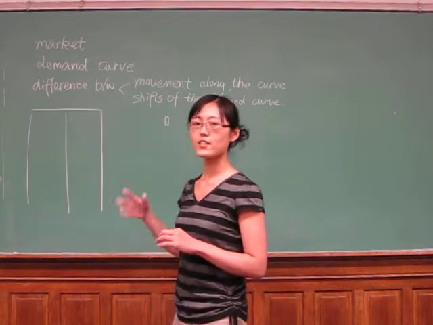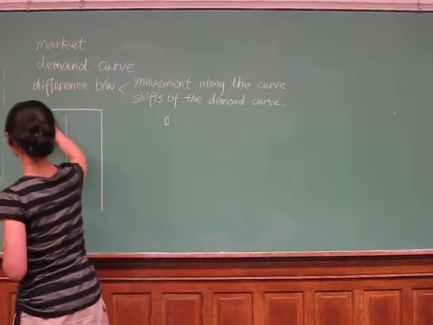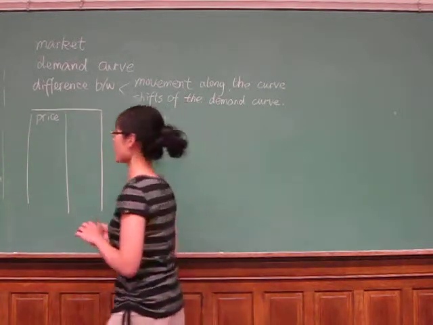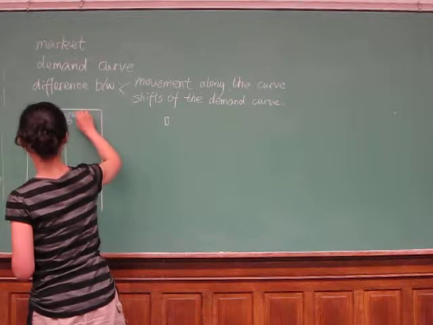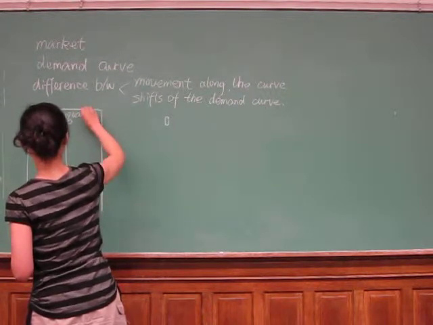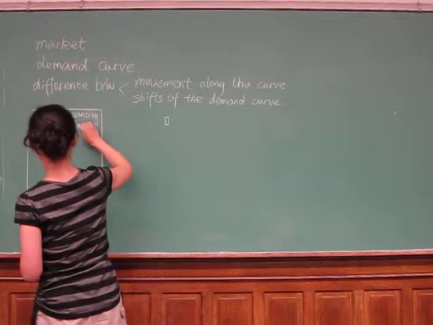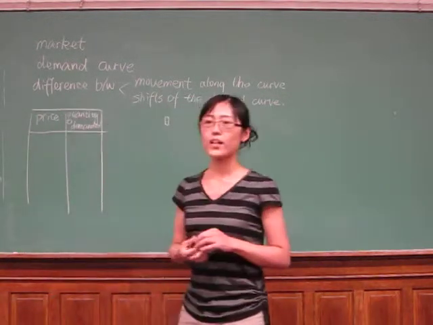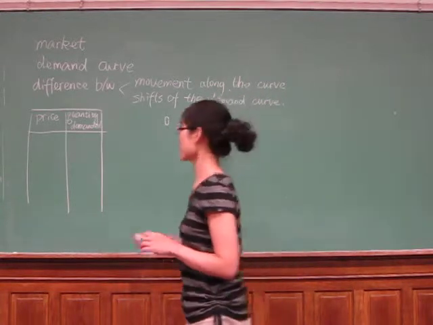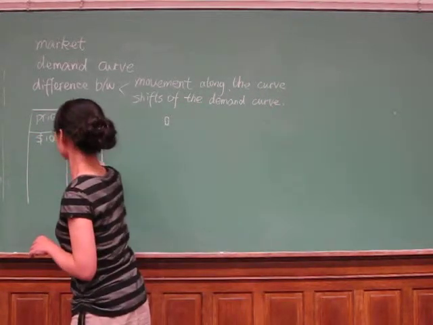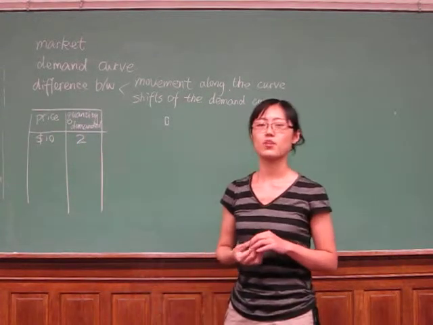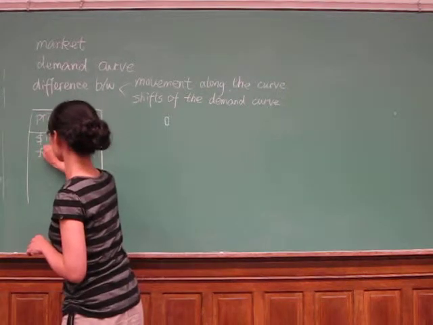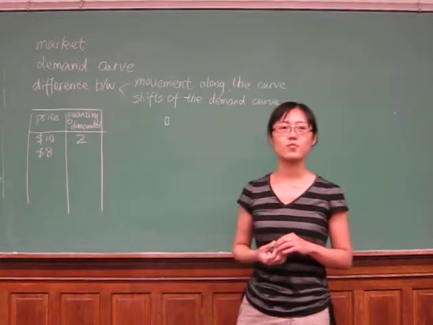we can write it down in the table. The left column is the price of the coffee. The right column is the quantity demanded. As we said, at the price of $10, he wants to buy 2 cups. Suppose now the price is $8.